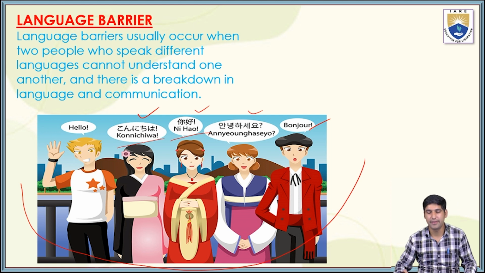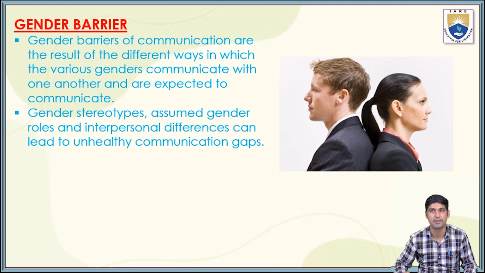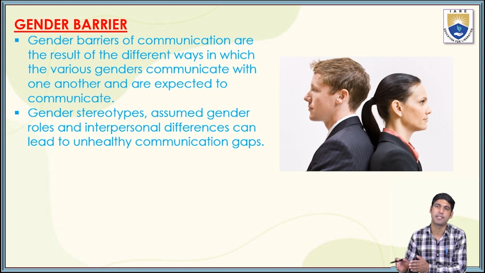So these are the barriers to communication. Language barrier is there. And there is also gender barrier. Again, there are gender stereotypes. For example, man has been given this role and women has been given that role. Because nature never discriminates on the basis of gender.